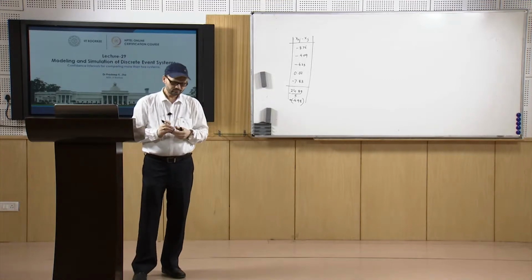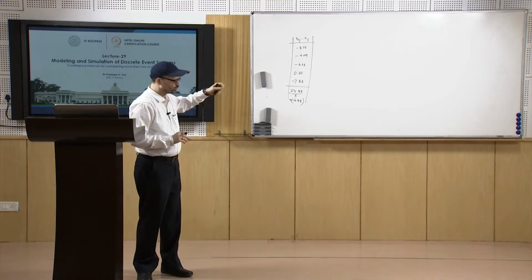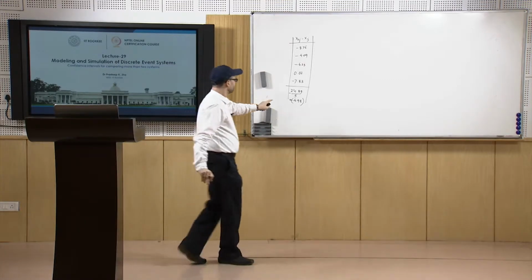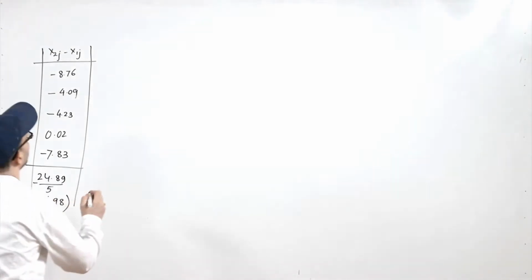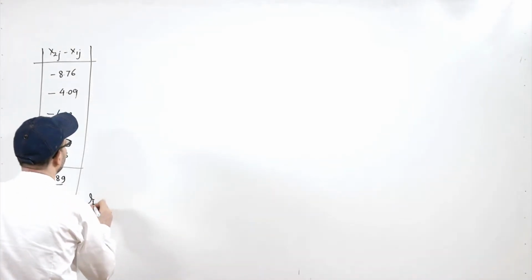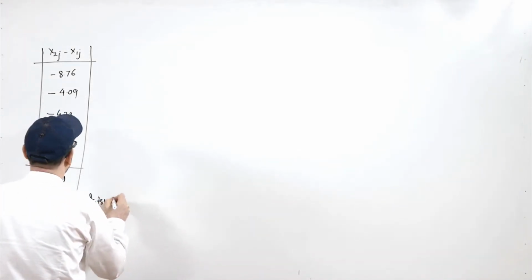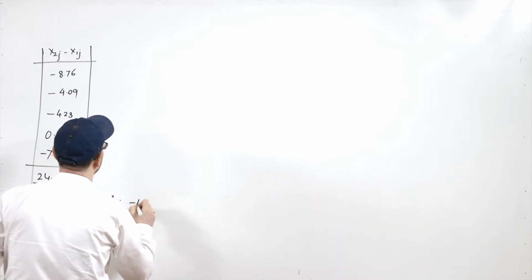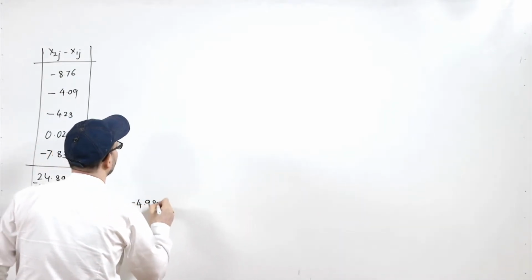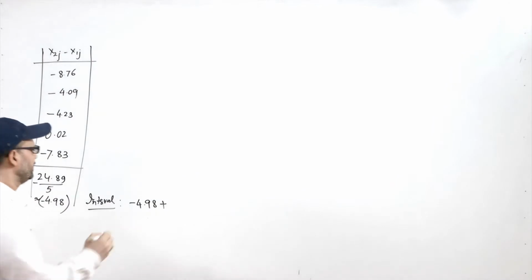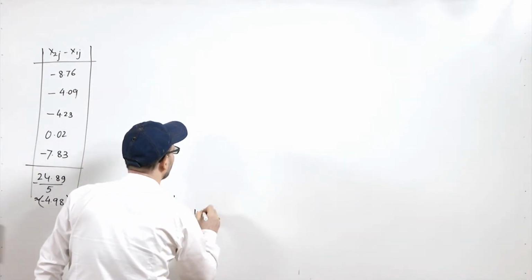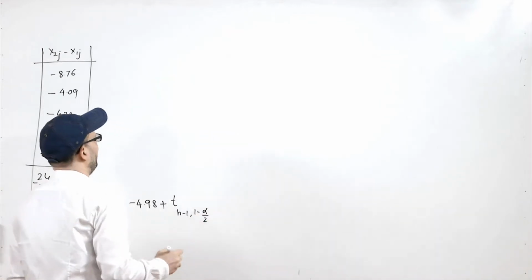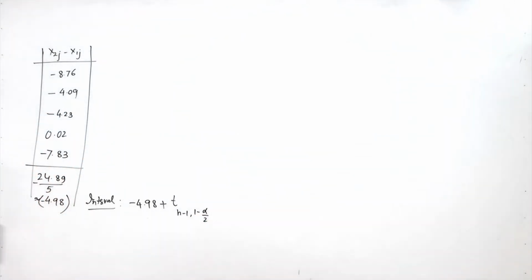In that case, we get the x bar value, and then plus minus. The interval will be minus 4.98 plus or minus t n minus 1, 1 minus alpha by 2, times the square root of s square n by n.